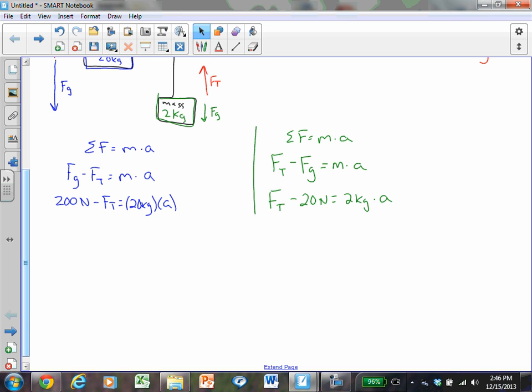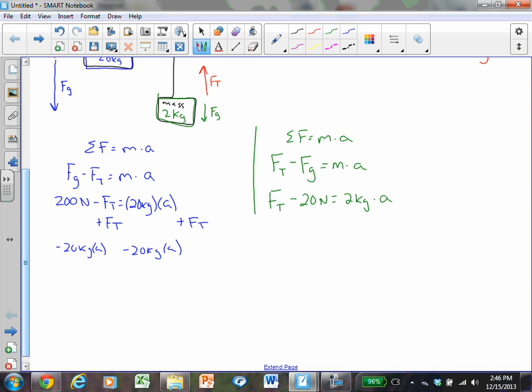So if I take the blue side, say, let's solve it for Ft. If we add Ft over and then subtract 20 kilograms times a over to the other side, we get Ft equals 200 newtons minus 20 kilograms times a.